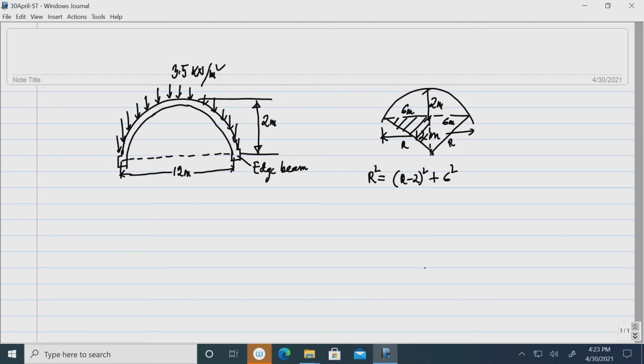So, by solving this we get r is equal to 10 meter. So, radius of the shell is 10 meter, which will be used for finding the membrane stresses. In the membrane stress expression you need the value of the radius of the shell.